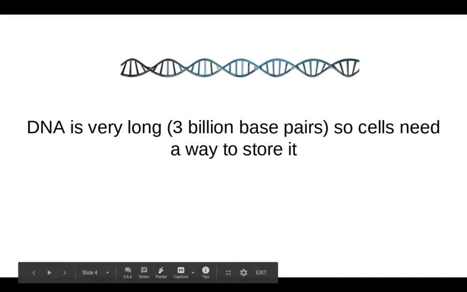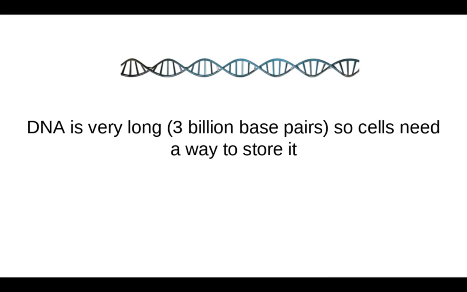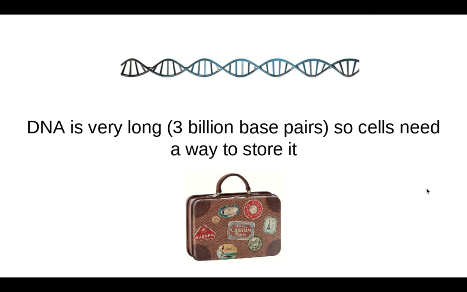So we spoke about in the last class that DNA is very, very long, 3 billion base pairs. So cells need a way to store it, because if you roll it out very flat, it's not going to fit in the cell. We need to fold it and package it into a small shape. Kind of like when you go on holiday, okay? You need to put your clothes in a suitcase.